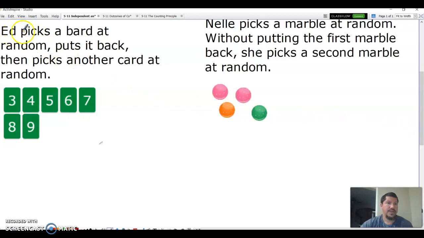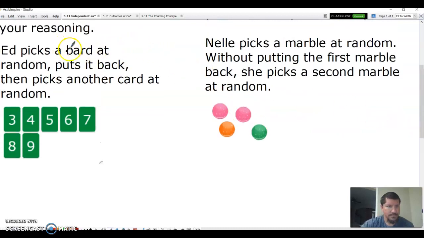Alright, so Ed picks a card at random, puts it back, then picks another card at random. Key here is he put the first card back.